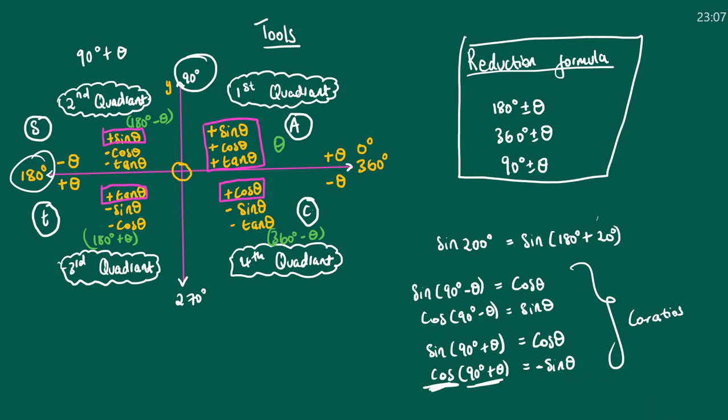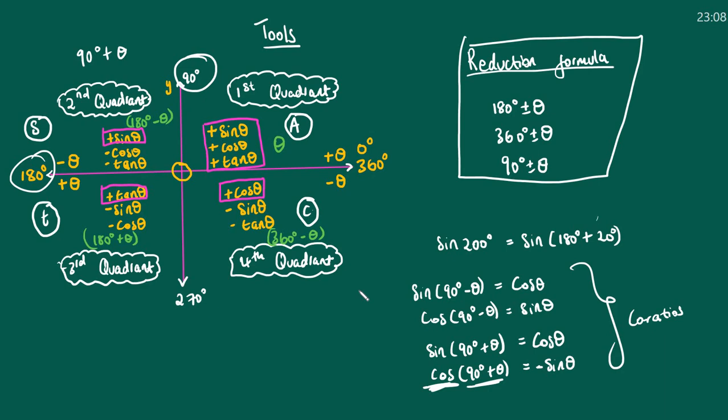Enough talking, let's get to business. Oh, by the way, also try to remember your reduction formulae. Remember that your reduction formulae are this one, but in grade 12 we're introduced to compound angles.